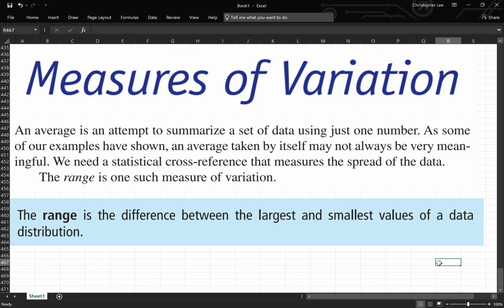You guys can see it right there. So it's the difference between the largest and the smallest value of the data distribution. When they say difference, that's a $500 word for minus. You take the biggest value and subtract the smallest value from it. That's it. That's your range.